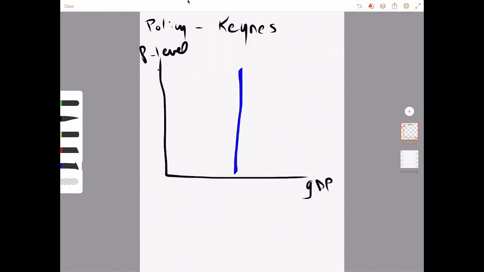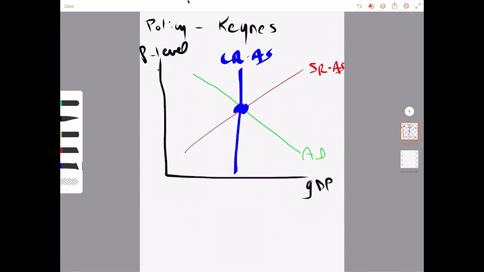So, Keynes comes along and says, hey, if this is the situation, and we have long-run aggregate supply, and we have short-run aggregate supply, and we have an aggregate demand curve here, and then again, here's our original equilibrium point, right where all those lines cross, and our aggregate demand curve has shifted left so that output has fallen and people are hurting, people are out of work.